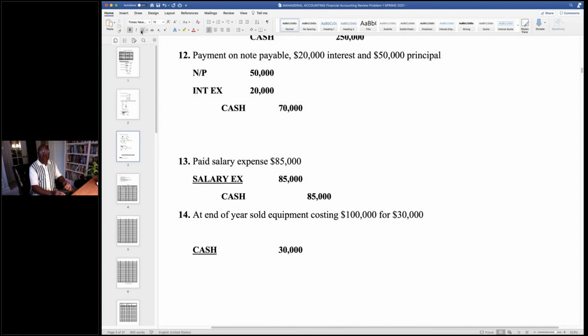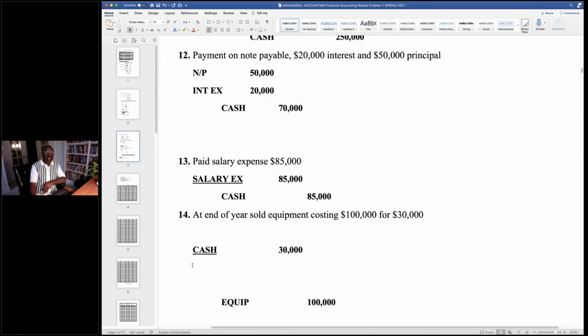We sold equipment. The equipment had a cost of 100,000, right? Now, on equipment, it costs 100,000.